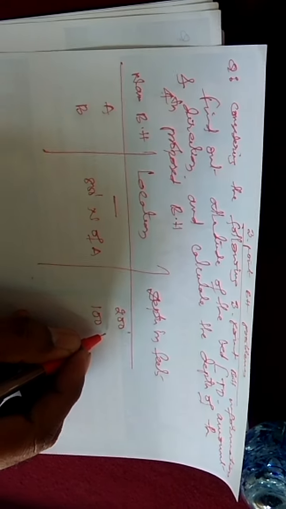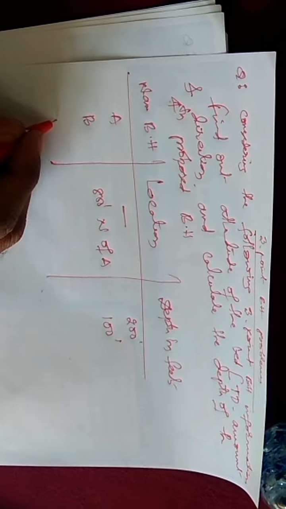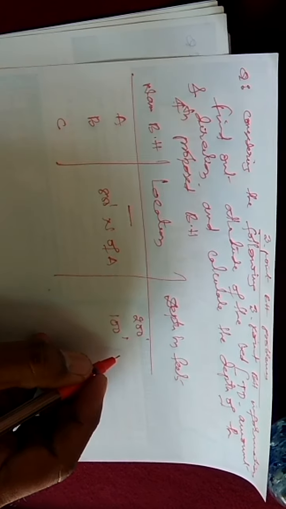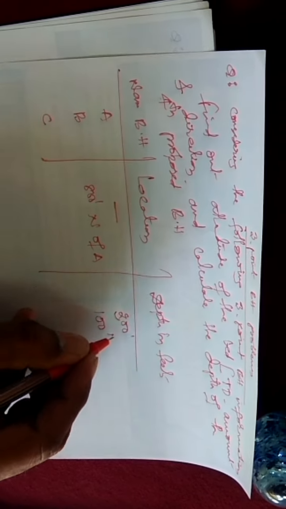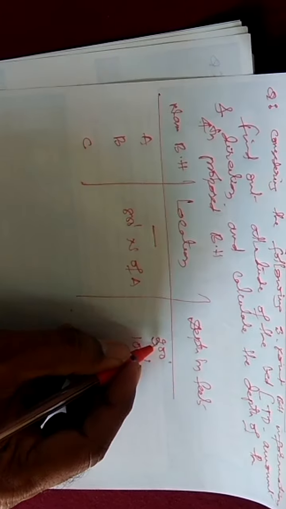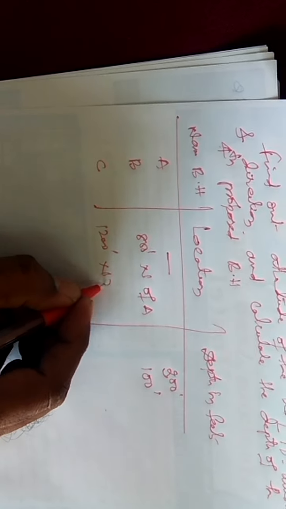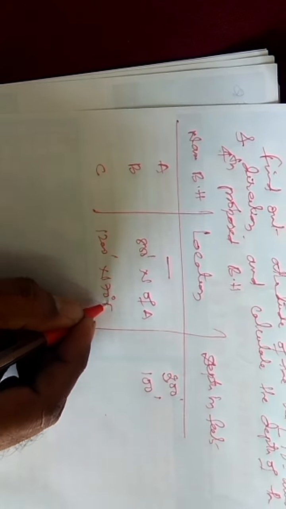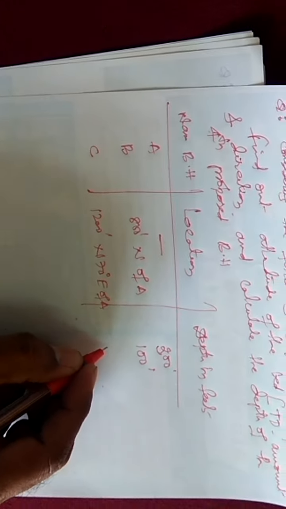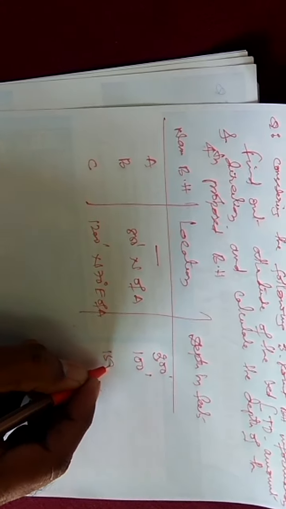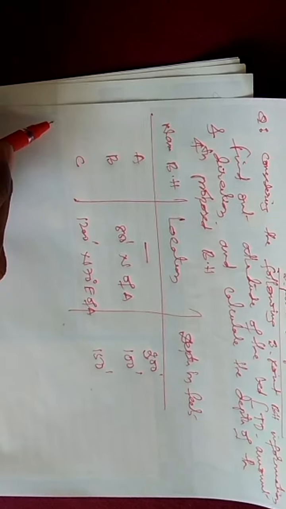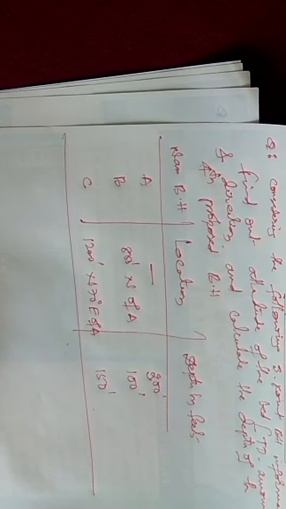And C, another one, is 1200 feet north 70 degree east of A. And the depth somewhere you get is 150 feet. Okay, so they will give you the information like this.